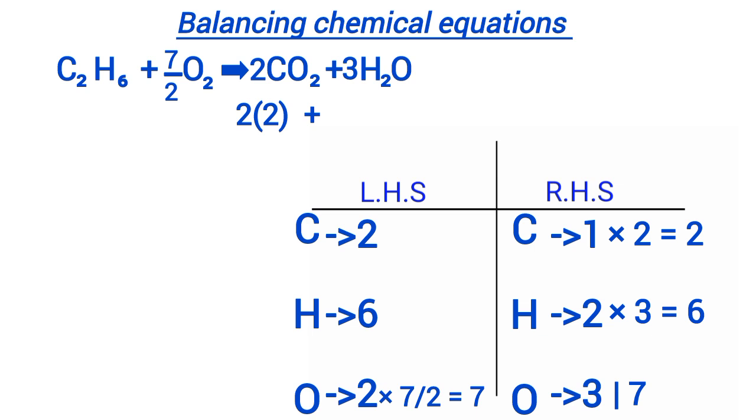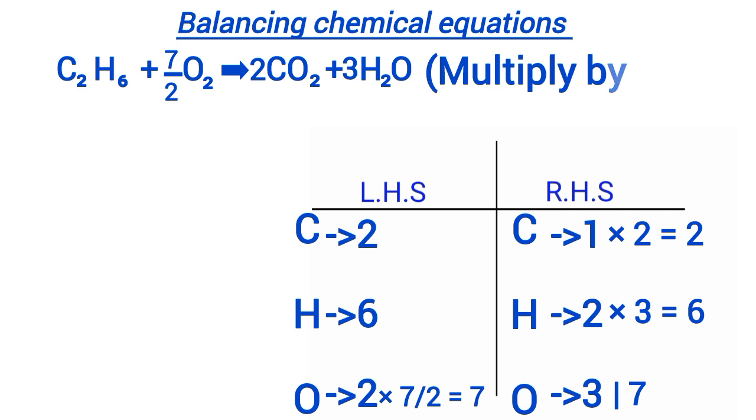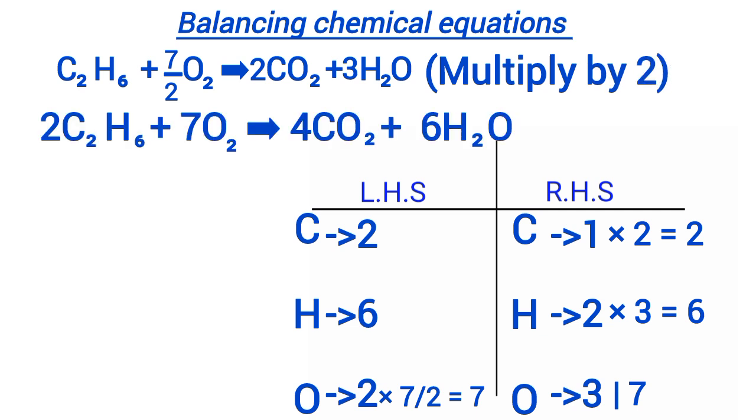Now, we don't want a fraction. So to clear this fraction, we multiply each coefficient by 2. So we have 2 times 1, which is 2, 2 times 7 over 2, which is 7, 2 times 2, which is 4, 2 times 3, which is 6. So this equation is now balanced.